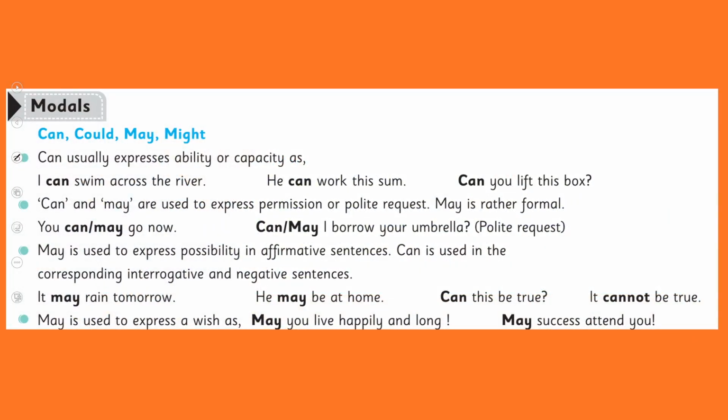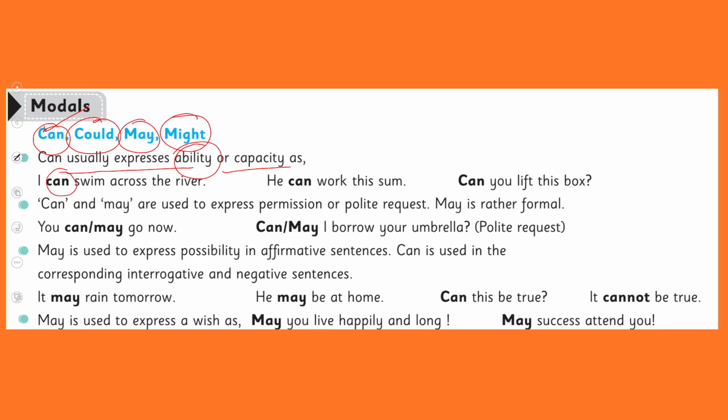Now students, let's see. These modals or modal verbs are can, could, may, might. Here, let's talk about these first. Now, the modal verb can usually expresses ability or capacity of doing something. For example, I can swim across the river.